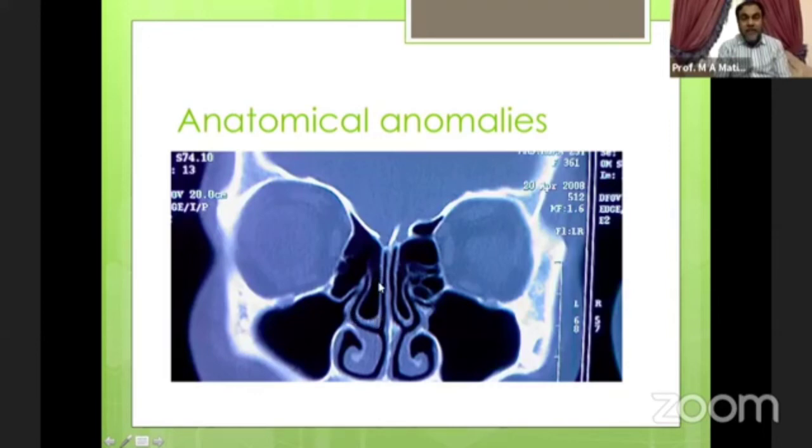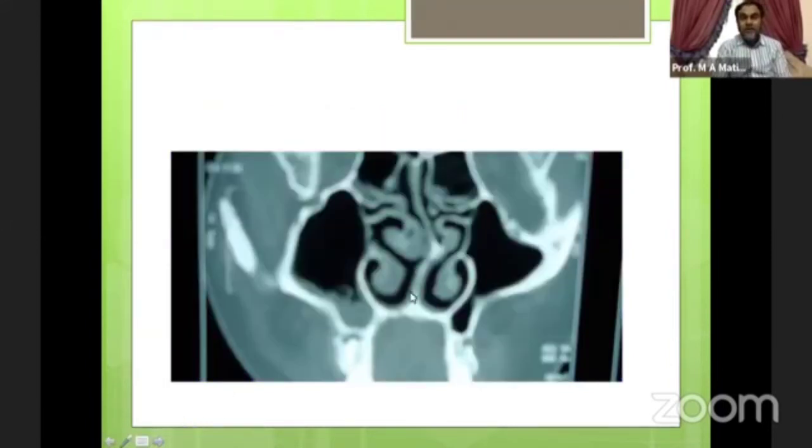But in some situations the convexity is lateral and the concavity medial; that's called a paradoxical turbinate, and that can block the ostium. Also a very big or thick uncinate process can block the osteomeatal complex, and there are some Haller cells here that can also block it, and that can cause sinusitis. So this is the anatomical anomaly. Look at this septal spur blocking the osteomeatal complex.